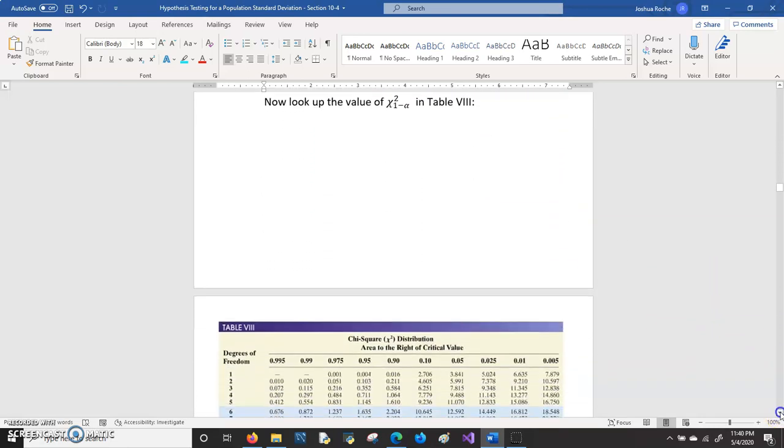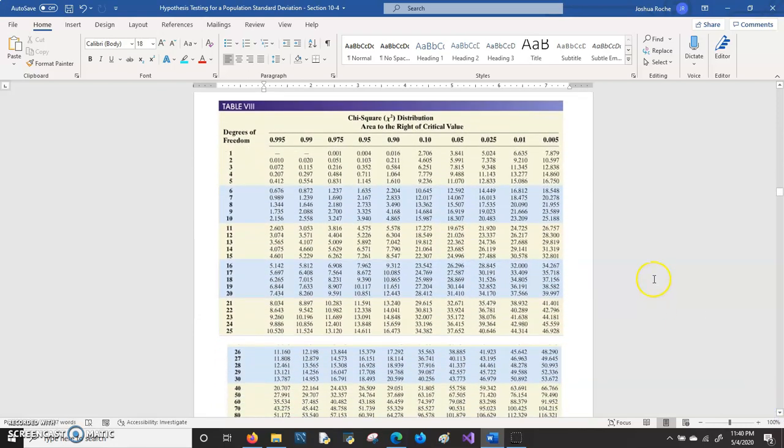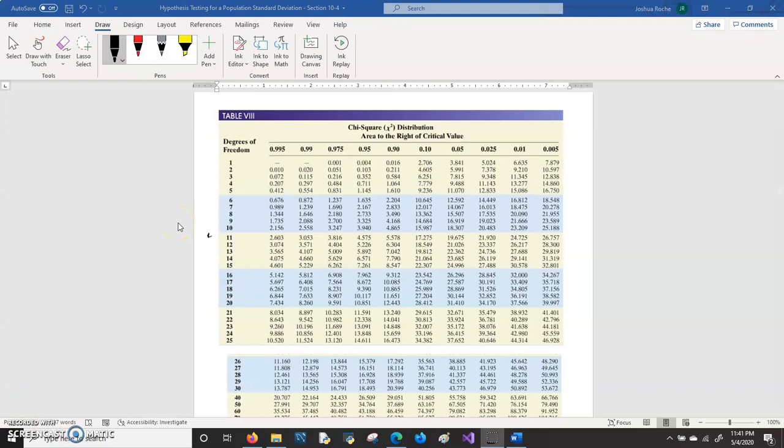Now that we have that information, we can go to Table 8, the chi-square distribution table. Here is 19 degrees of freedom. And up here we'll look for an area to the right of 0.95.